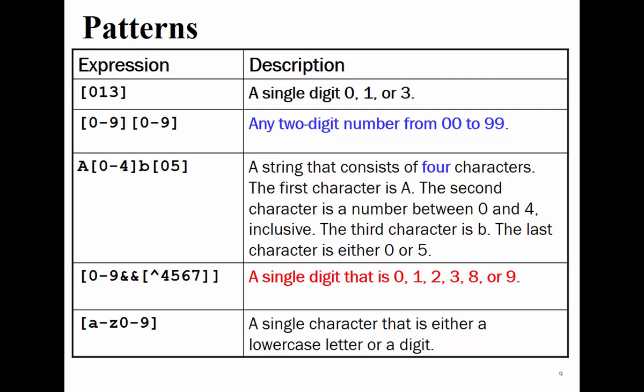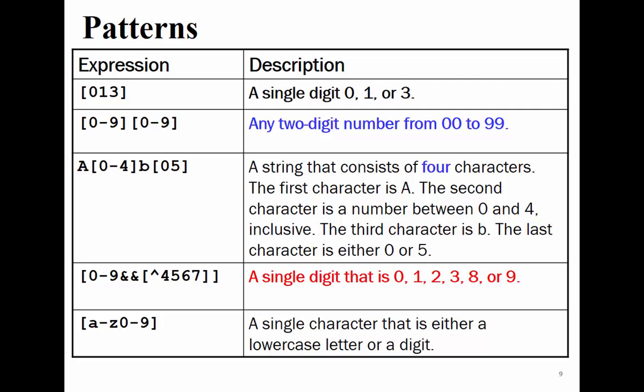Now, look at the pattern before the last, which is looking for a single digit, but with compound conditions for this single digit. You can put everything in one square bracket. I look for a digit between 0 and 9, and this is a condition. Now look at this character.